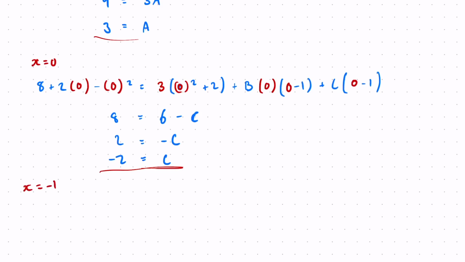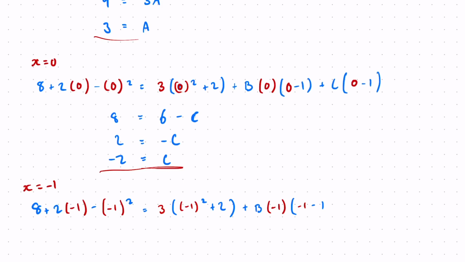So x is equal to minus 1, giving me 8 plus 2 lots of minus 1 minus 1 squared is equal to my a, which is 3, lots of minus 1 squared plus 2, plus my b, which I don't know, lots of minus 1, minus 1.